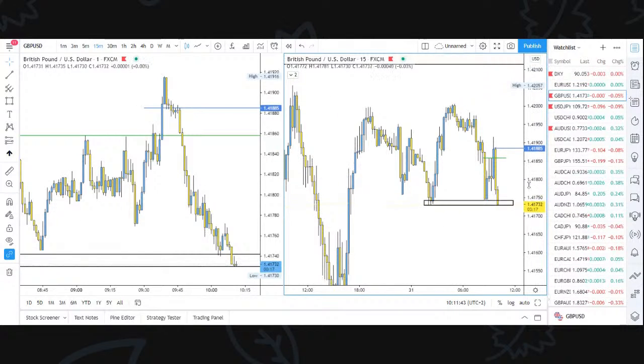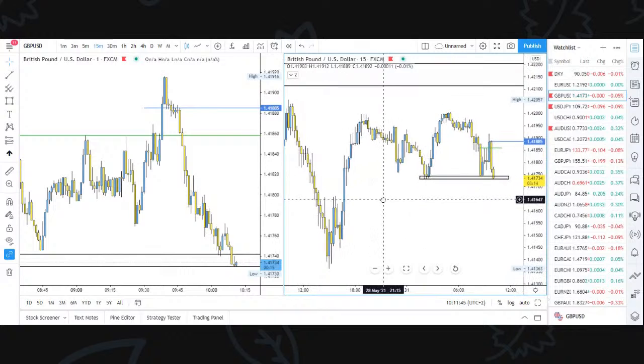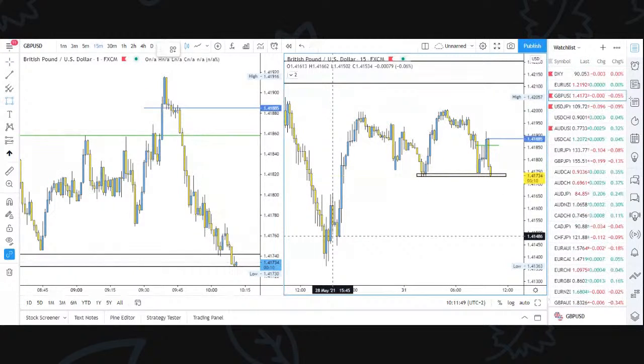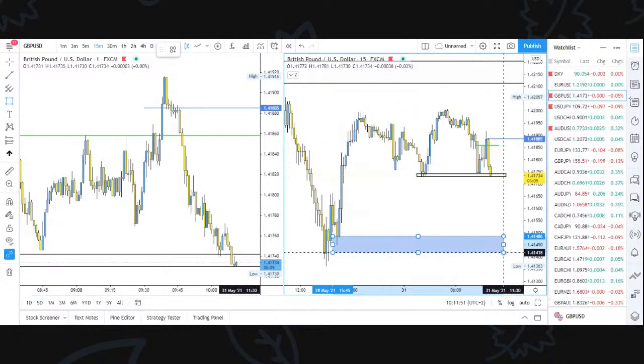Hopefully we can extract something out of the market today. If we can do that, that will be really, really good. That will be extremely good if we can just extract some returns out of the market.